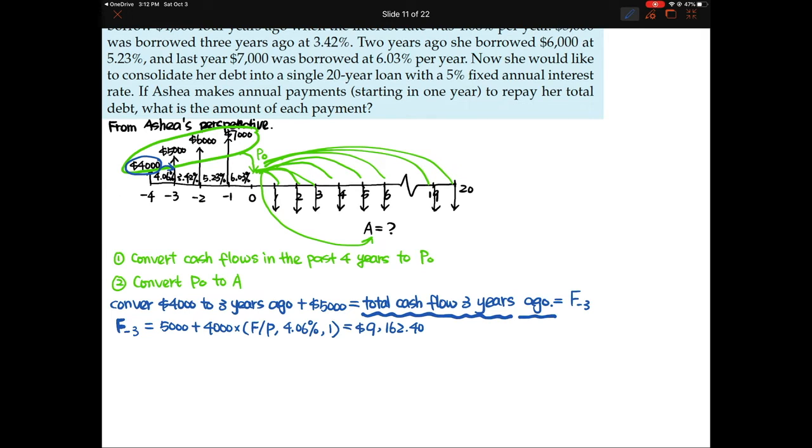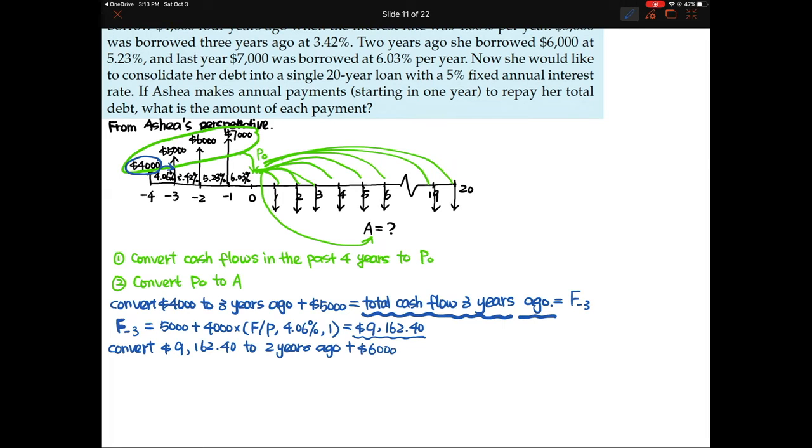Okay, and the next step is to convert the total value of 3 years ago to 2 years ago, and plus the 6,000 borrowed at the 2 years ago.